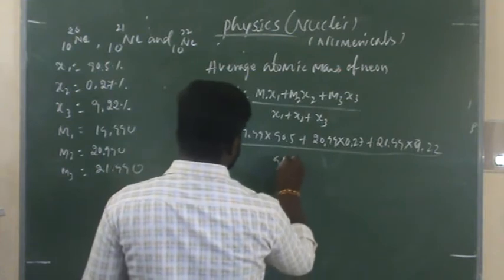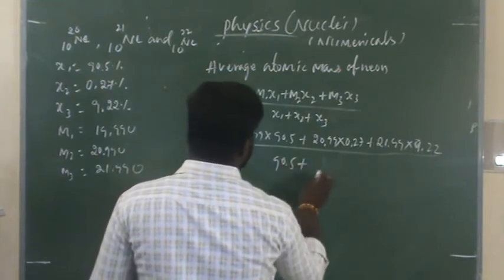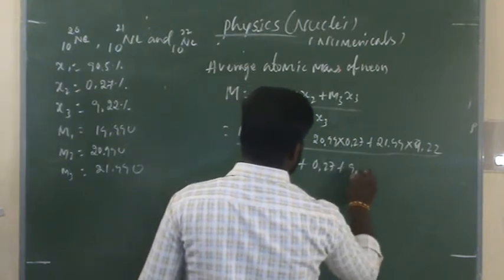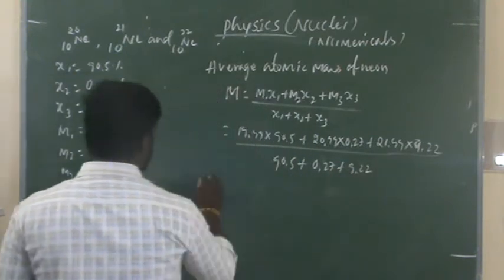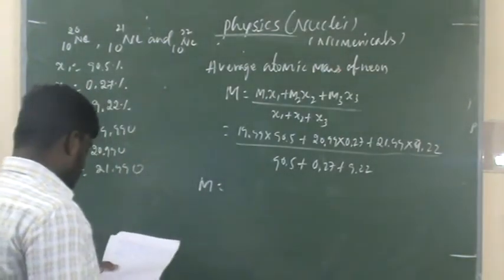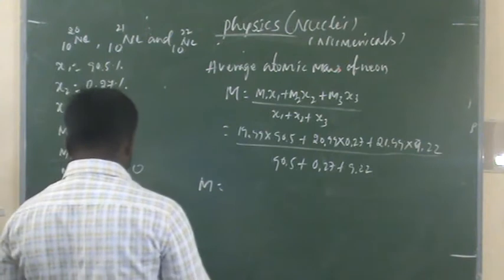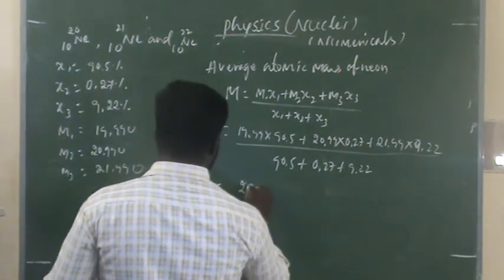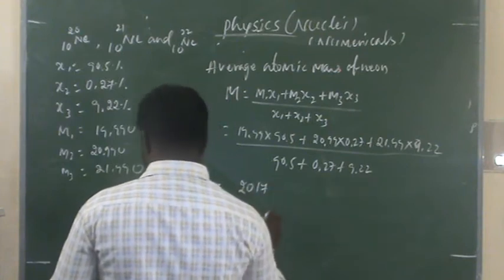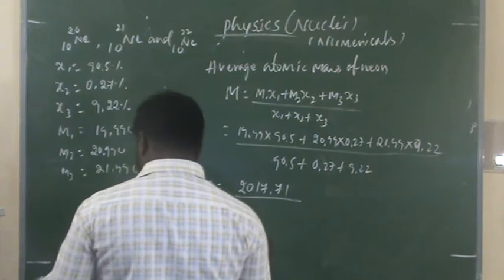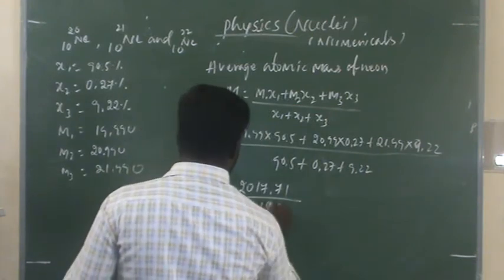So X1 plus X2 plus X3 is 90.5 plus 0.27 plus 9.22. So calculate. Finally that is 2017.71 divided by 100.